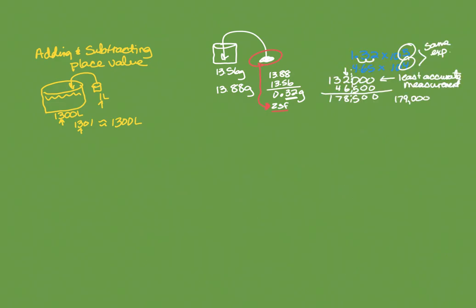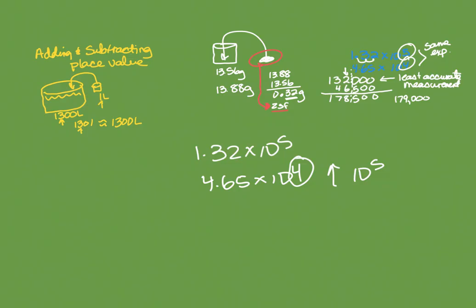So making them the same exponent, we have 1.32 times 10 to the 5th and 4.65 times 10 to the 4th. Let's say we take the 10 to the 4th and we're going to make it 10 to the 5th. If you're going to make the exponent bigger, you make this number smaller.